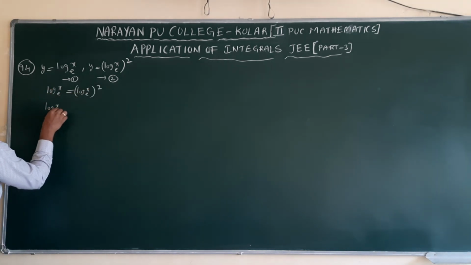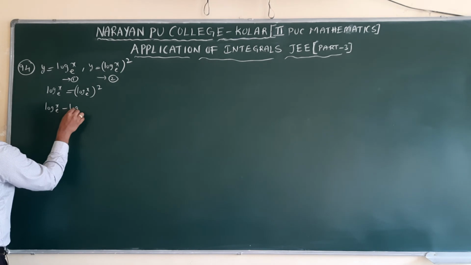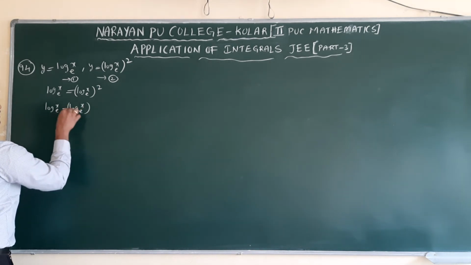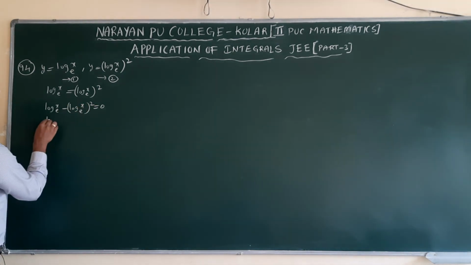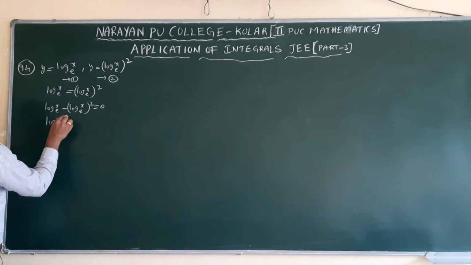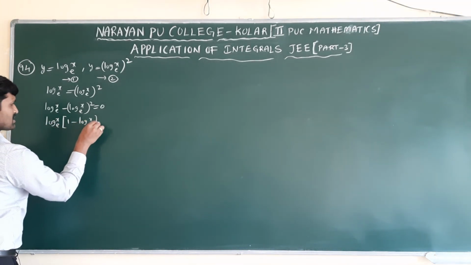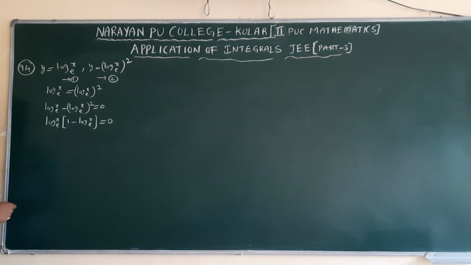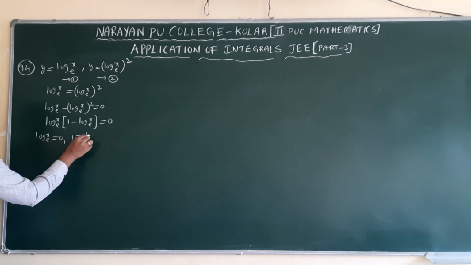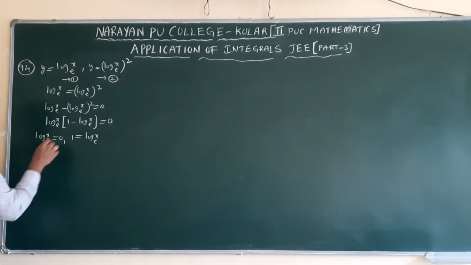Now log x to the base e minus log x to the base e whole square equal to 0. I will take log x to the base e common, remaining 1 minus log x to the base e equal to 0. Product of two terms is 0 means either first value is 0 or second value is 0. Log x to the base e is 0 or 1 equal to log x to the base e.